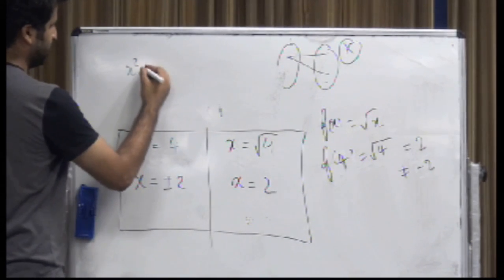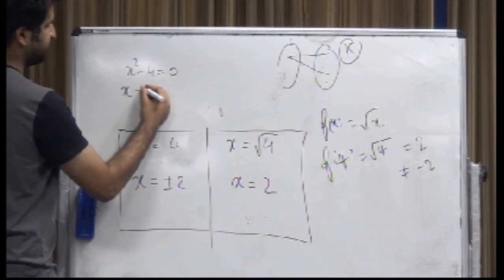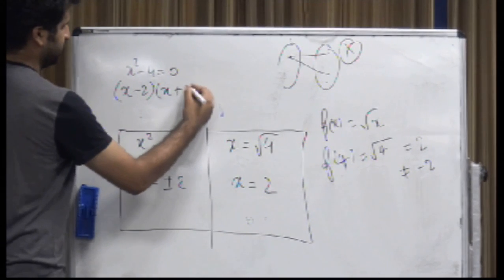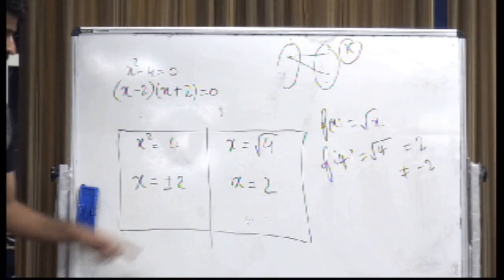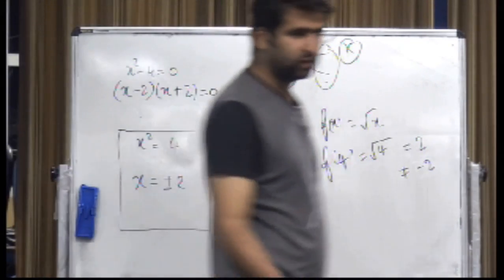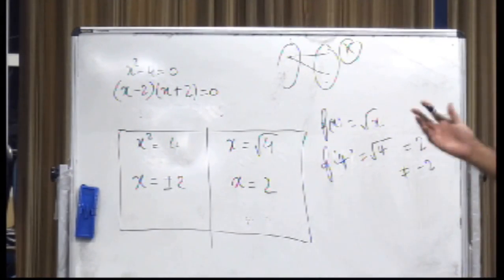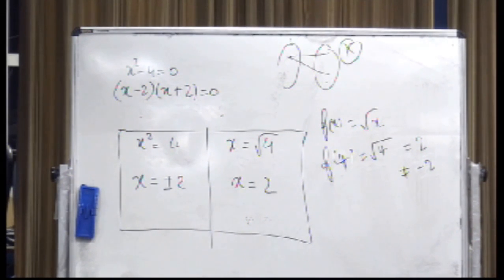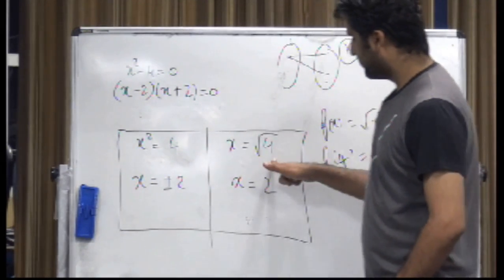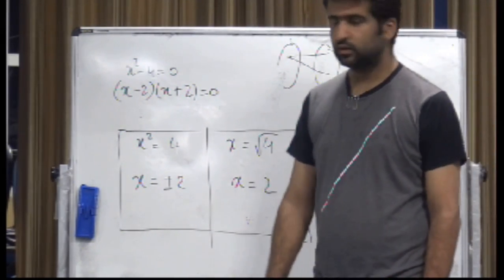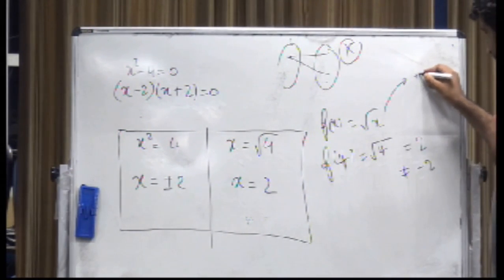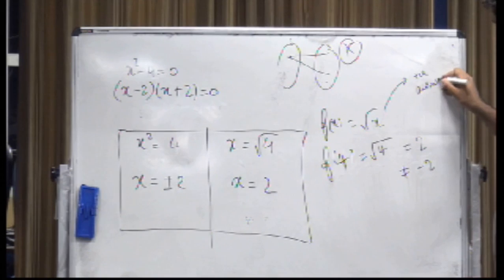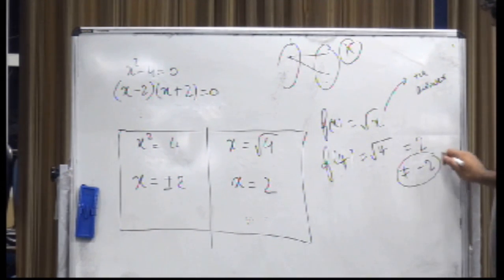X square minus 4 is equal to 0, x minus 2, x plus 2 is equal to 0. So you get two factors, x is equal to 2 or x is equal to minus 2. But the square root of a positive number is always positive, and the square root of a negative number is imaginary. Good. So the square root of a positive number always gives you a positive result. So fx is equal to root x always gives you a positive answer. So a negative answer is not possible.